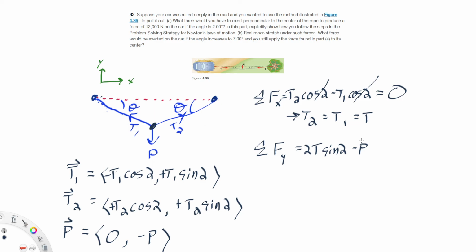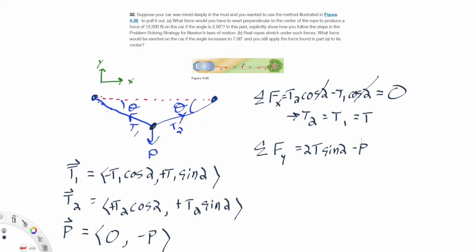So we want to think about the moment that the angle the rope makes is 2 degrees, and the car hasn't started moving yet.